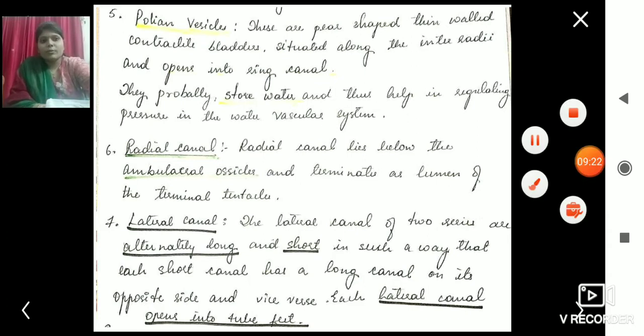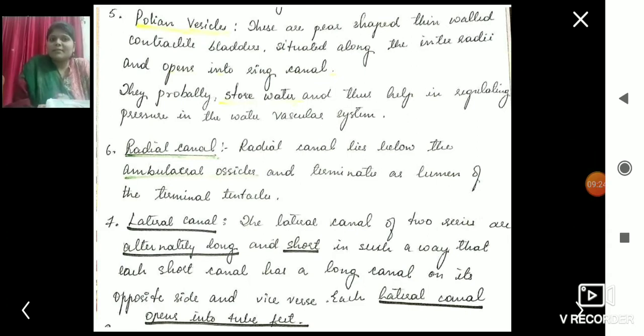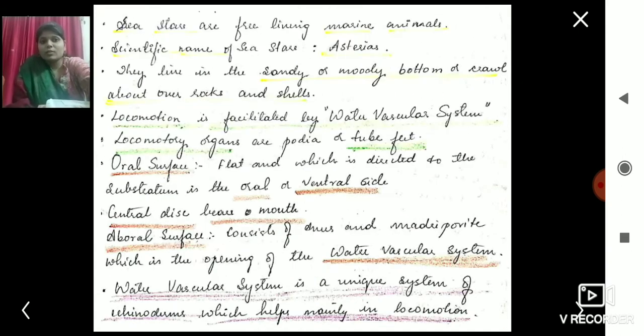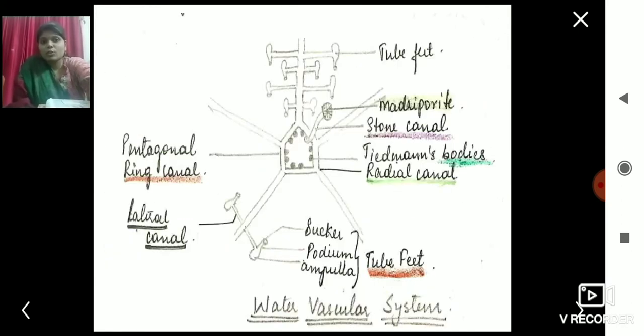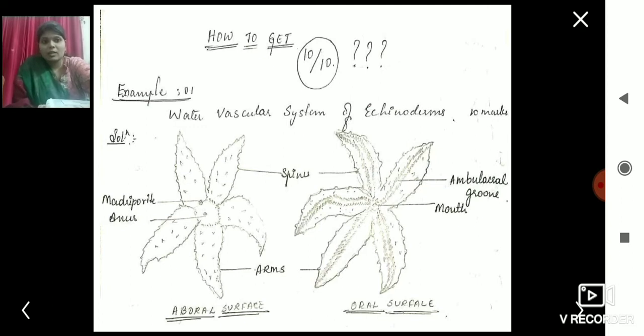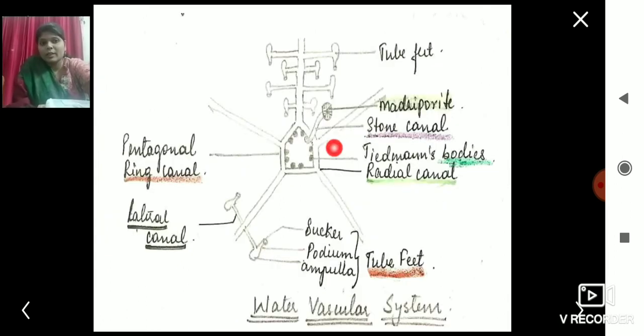Now Polian vesicles. These are pear-shaped, thin-walled, contractile bladders situated on the surface of the sea star, which you can see. Actually the labeling is missing. It should be somewhere here in between the central disc. It is not seen in this particular water vascular system diagram, as I mentioned earlier.